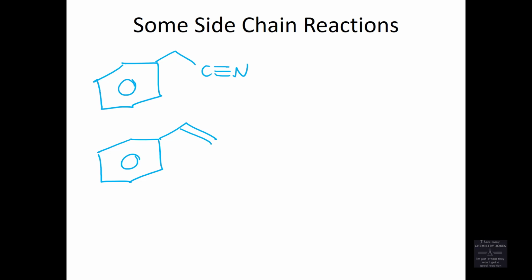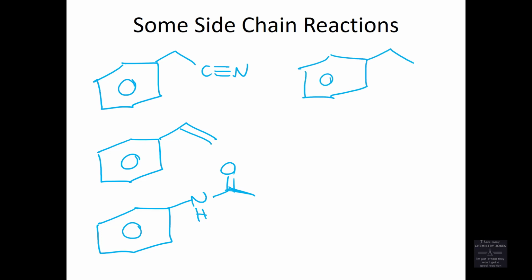Only through a coupling reaction. Hold on. Have we learned how to connect something like this to benzene? No. Have we learned how to connect something like even a carboxylic acid to benzene, or an ester to benzene, like that? No, we haven't.